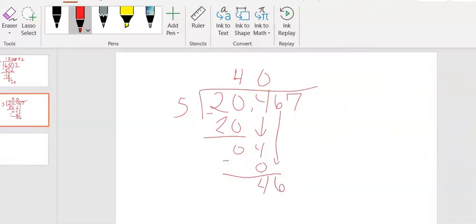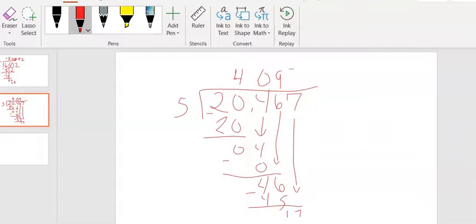Now we're looking at this. How many times can the 5 go into 46? Well, it can go in there 9 times, right? 9 multiplied by 5 is 45. So we're going to have our 45 here. We're subtracting it. 46 subtract 45 gives us 1. We're going to bring down that 7, right? Now we have 17. How many times can 5 go into 17?